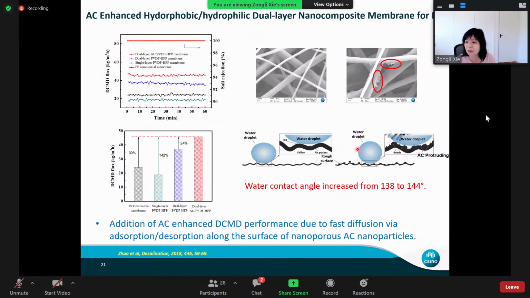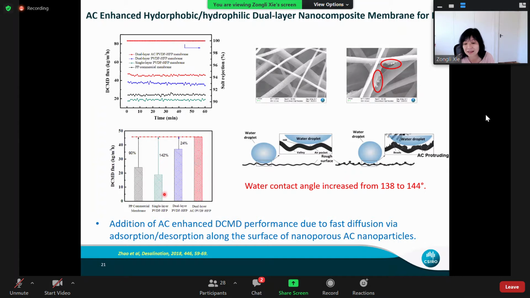those protrusions increase the water contact angle. So we have been observing that the water contact angle has increased, and obviously increased surface roughness also increases surface area as well. Because of the morphology change and the surface hydrophobicity change, we observed that the dual layer membrane with the active carbon has the highest performance.